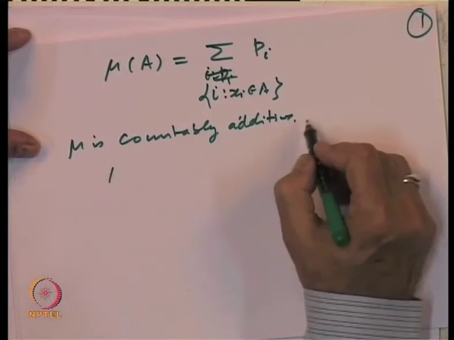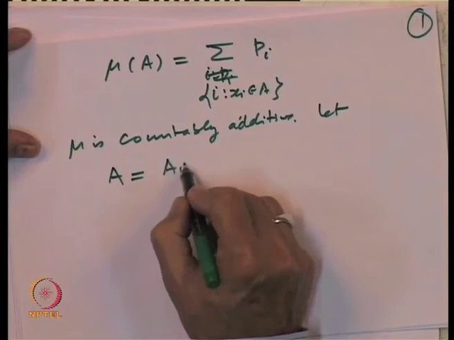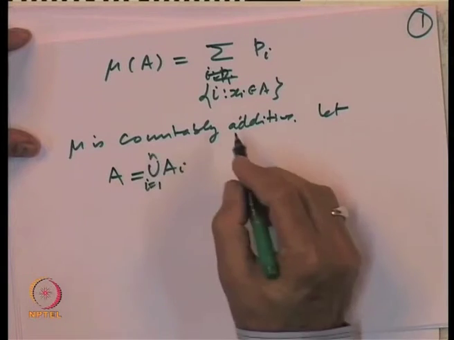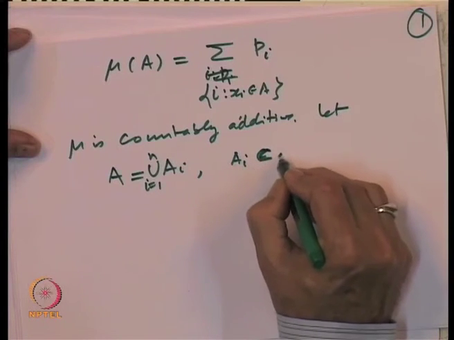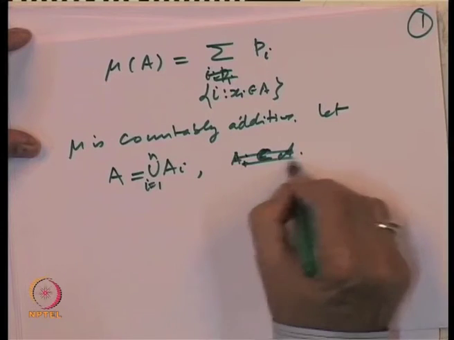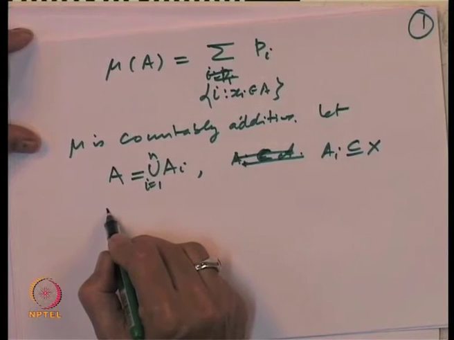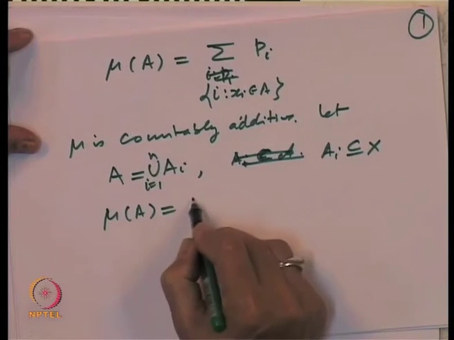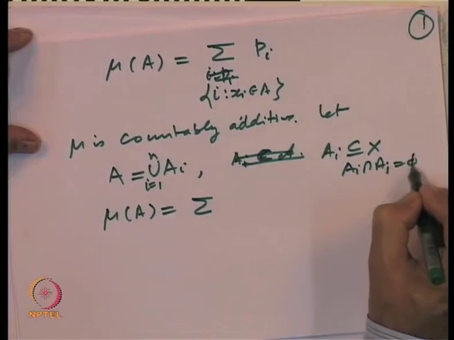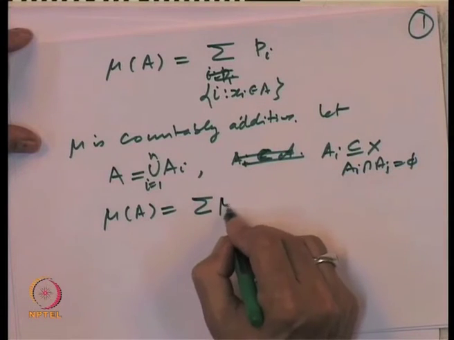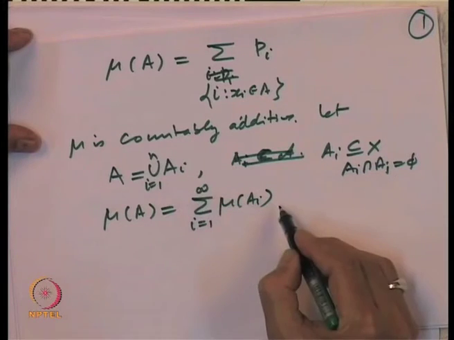So, let us take a set A which is the union of A i's, i equal to 1 to infinity, where each A i is a subset of X. To check that mu of A is equal to the sum of mu of A i's, i equal to 1 to infinity, we want A i intersection A j to be empty for i not equal to j.